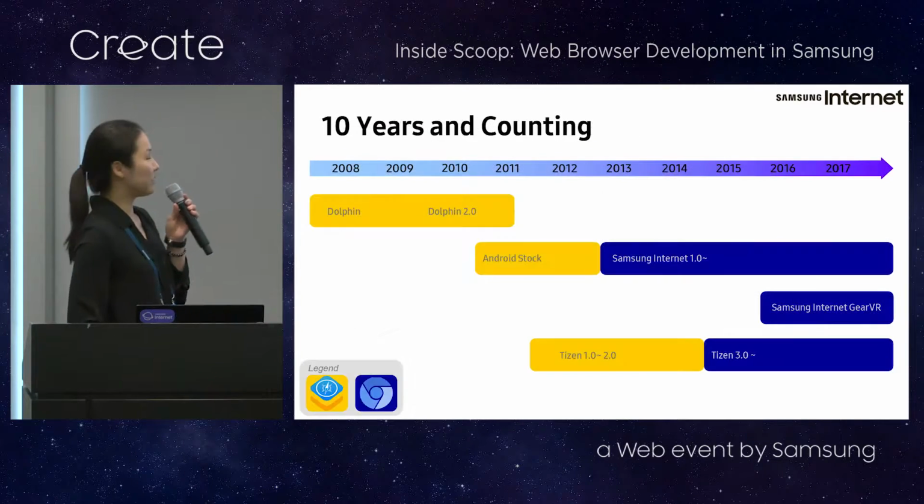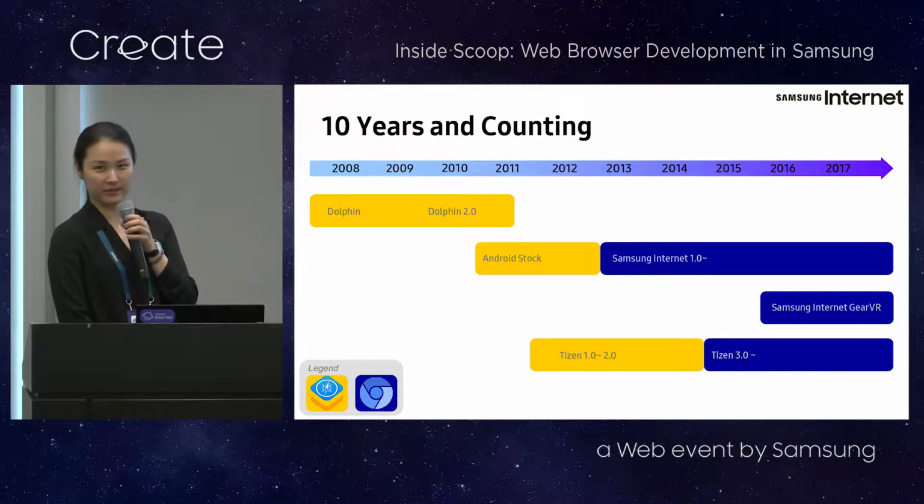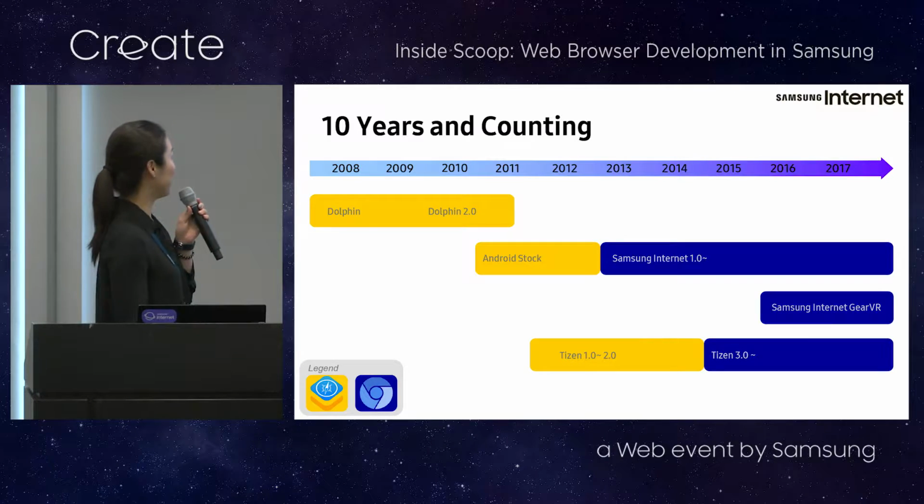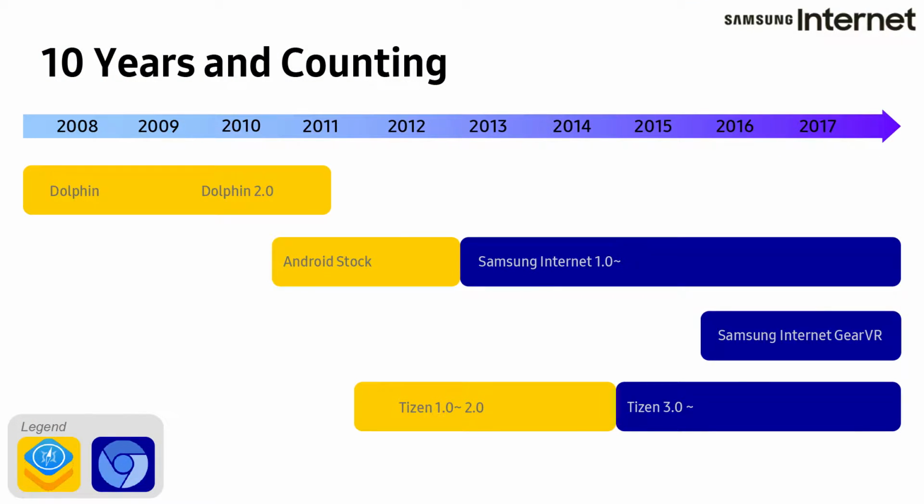Samsung actually has been making browsers for more than 10 years. Our first web browser was based on WebKit, and it was for feature phones. And when we started using Android as our platform for smartphones, we also deployed a web browser based on WebKit.